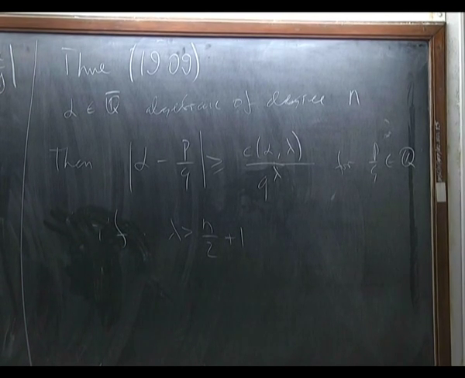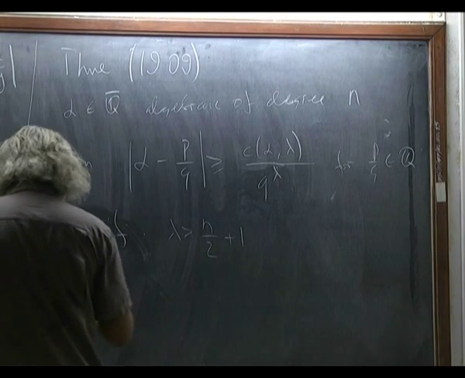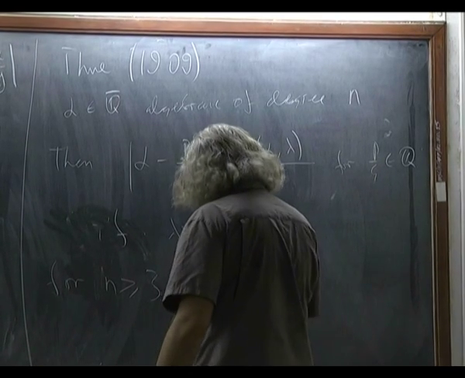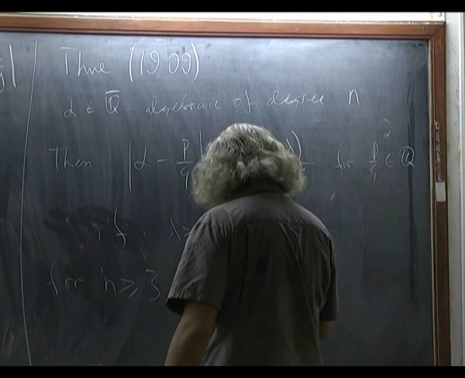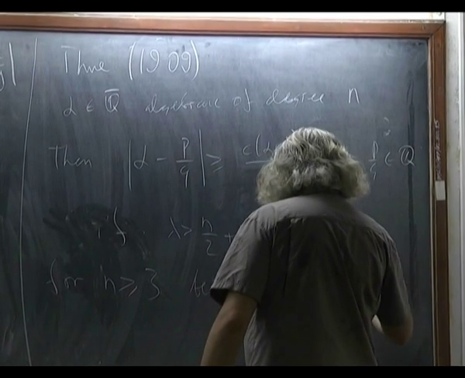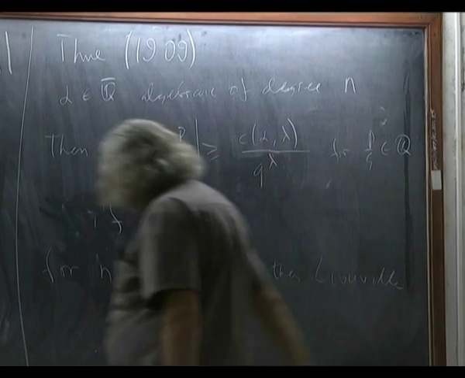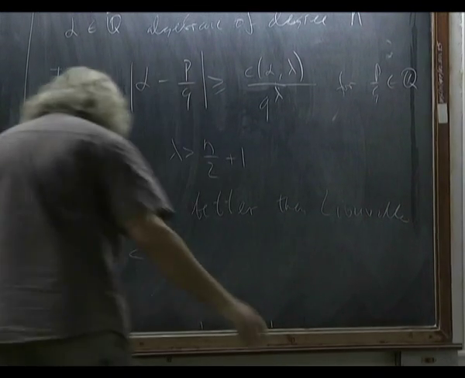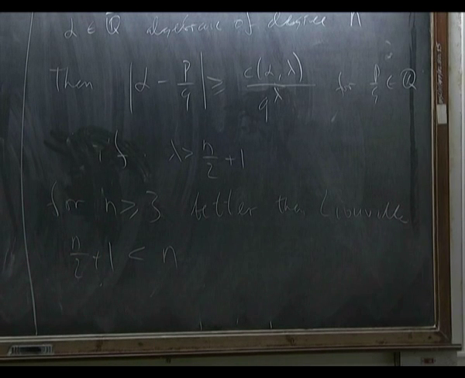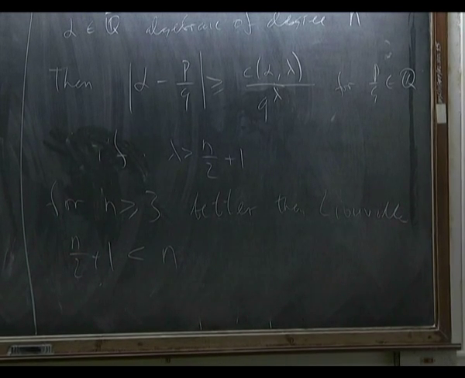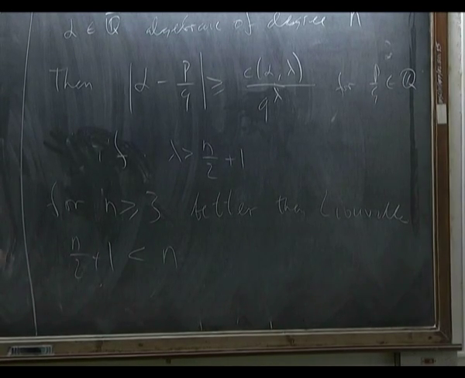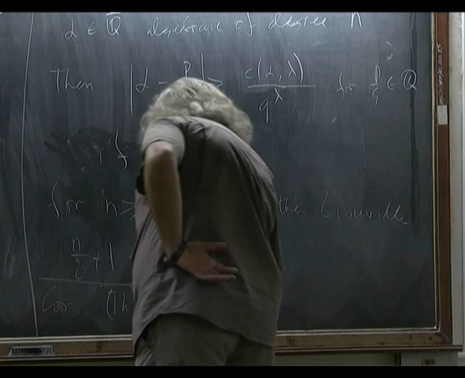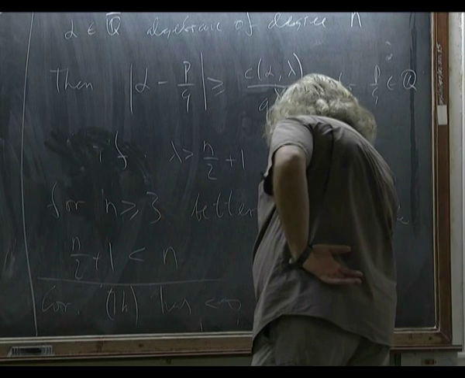This was proved by Thue, and for n greater or equal to 3, this is better than Liouville, because n over 2 plus 1 is strictly smaller than n. And the immediate consequence is that the Thue equation has finitely many solutions.